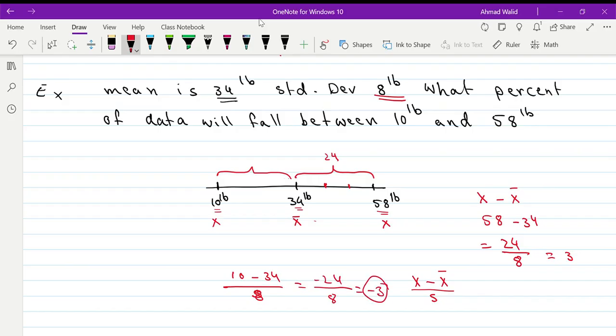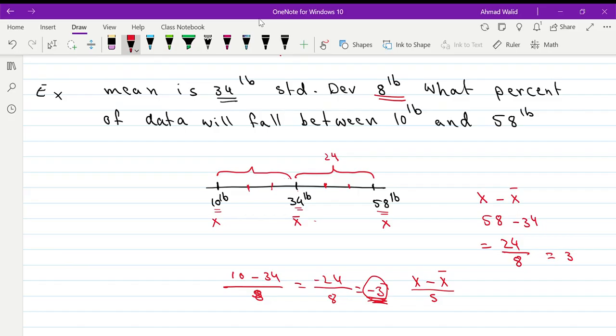Negative 3, the distance is not negative, but you know negative 3 means on the left side of the mean. It means you are 3 standard deviations away from the mean on the left side, 3 standard deviations away on the right side.